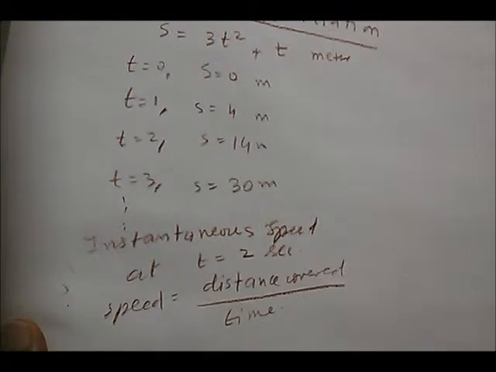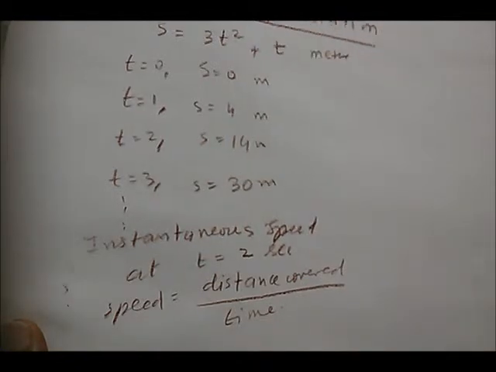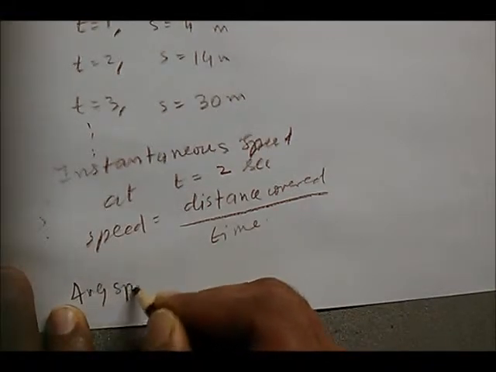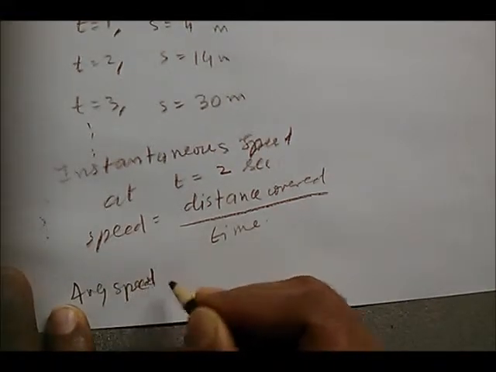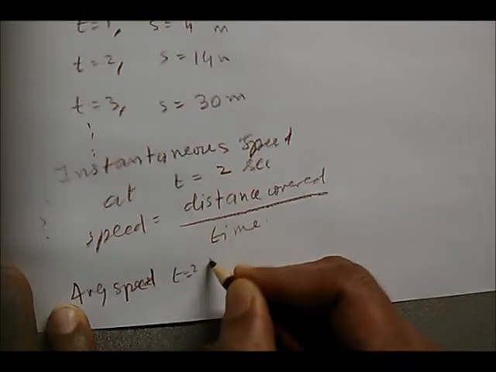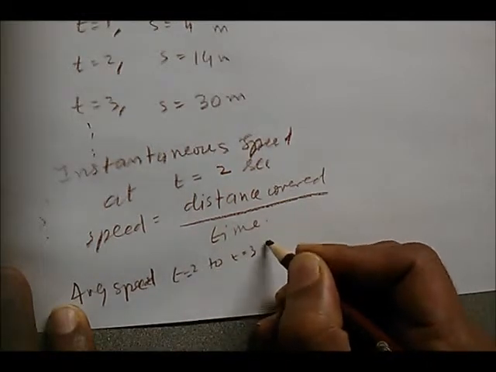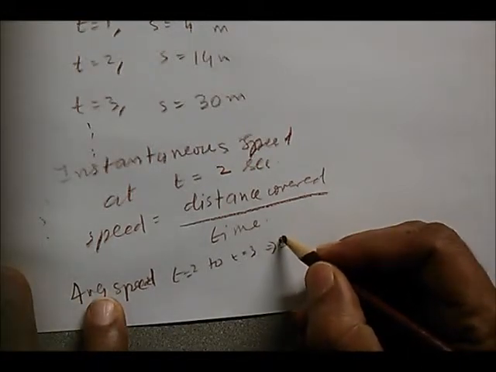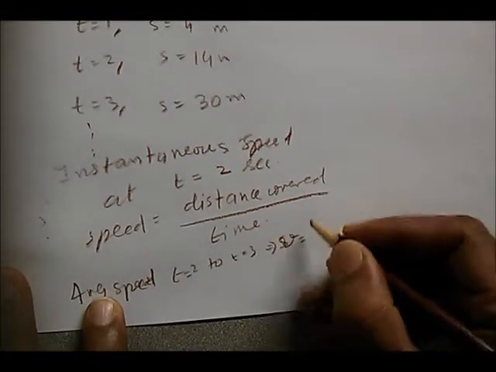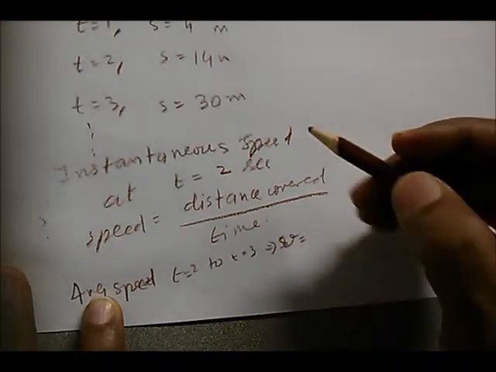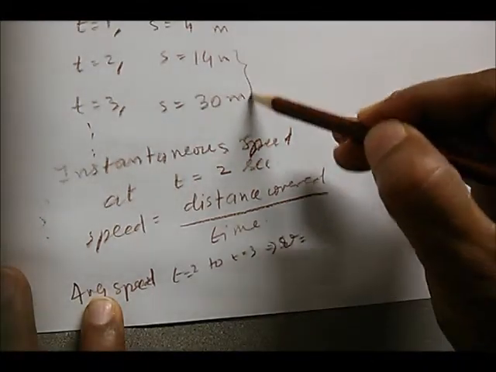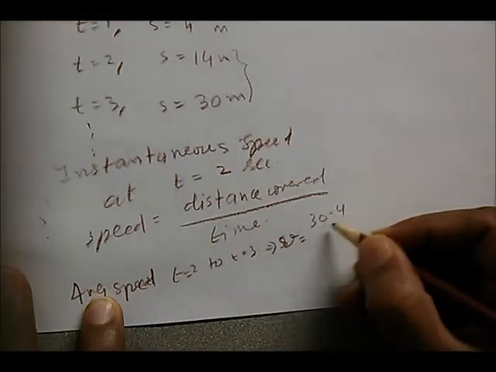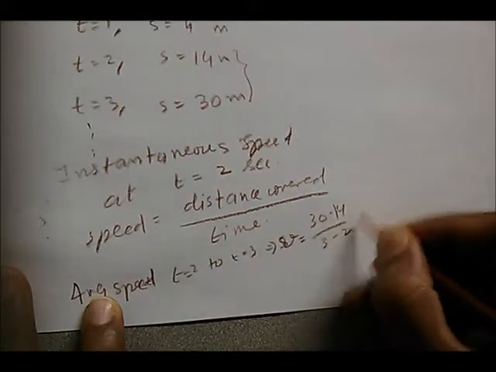We can find the average speed. For example, average speed between t equal to 2 and t equal to 3 would be given by, let's say we denote speed by v, that will be equal to the distance traveled between these two times, which is 30 minus 14 divided by 3 minus 2.